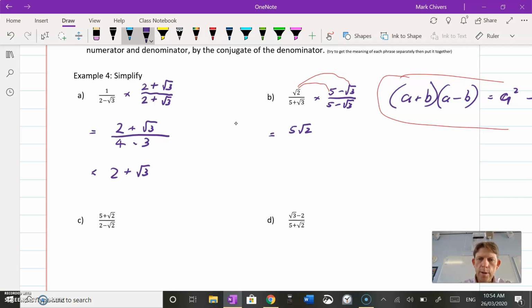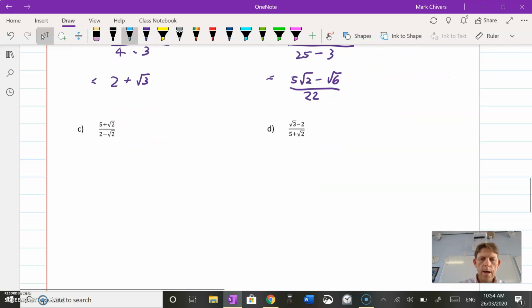And I'm going to end up with minus root 6, because root 2 times root 3 is root 6. And then down the bottom, 5 squared is 25 minus root 3 squared is 3. So I'm going to end up with 5 root 2 minus root 6 on 25 minus 3. Well, that's just 22.